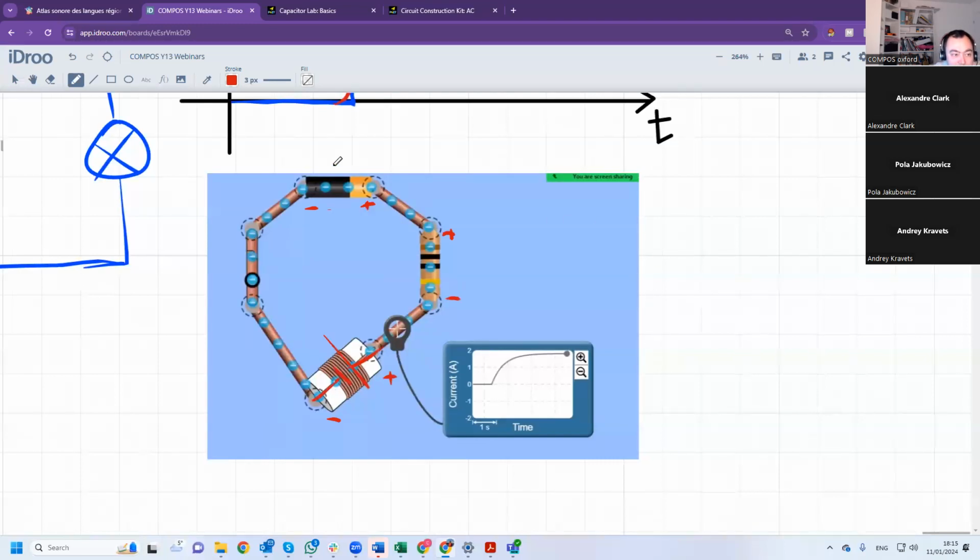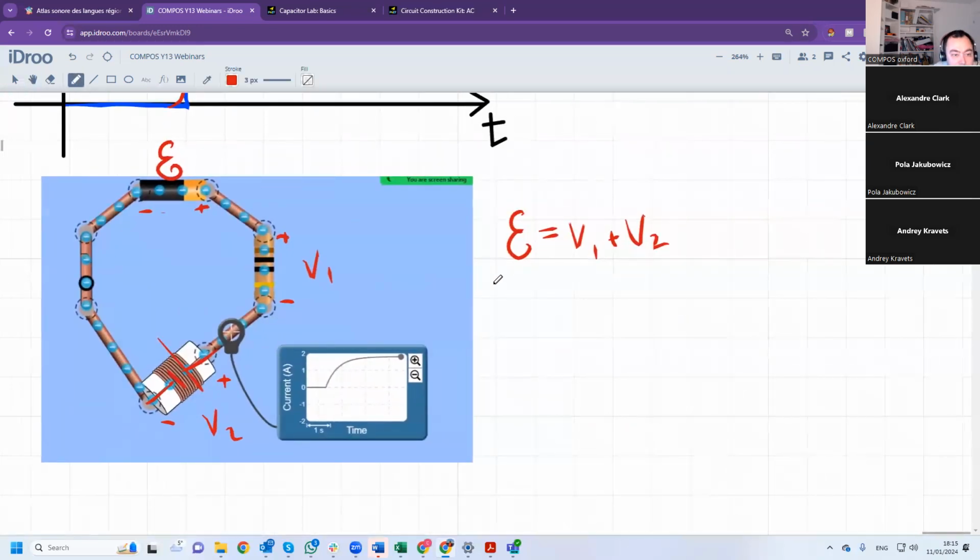And you can use Kirchhoff's law: EMF is equal to V1 plus V2. V1 is IR, so EMF is IR plus the voltage on an inductor. And the voltage on an inductor is L di/dt.